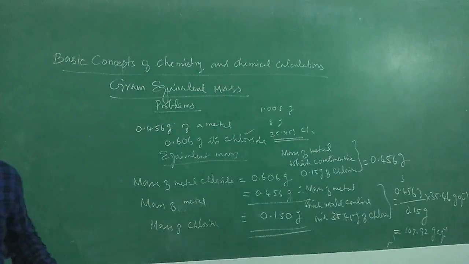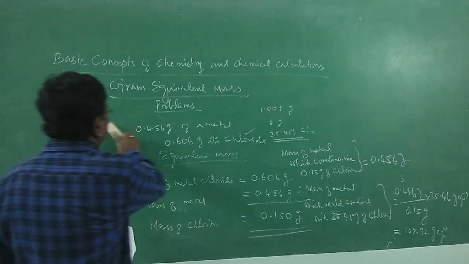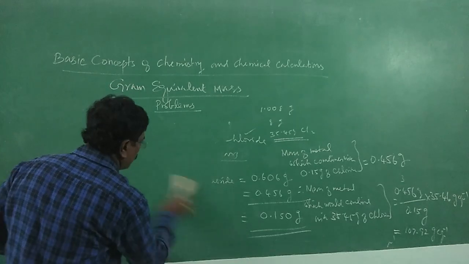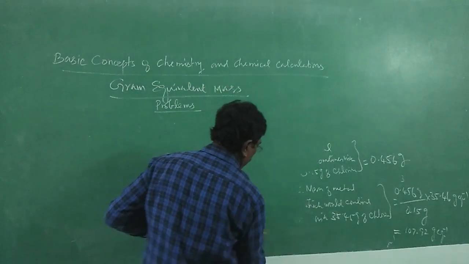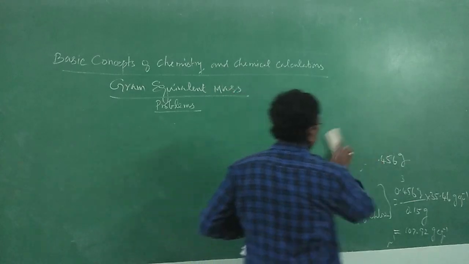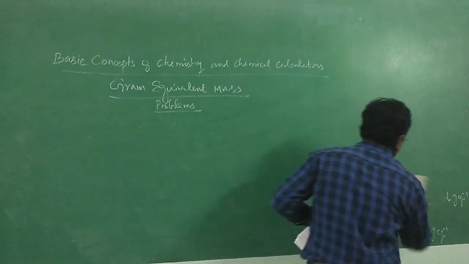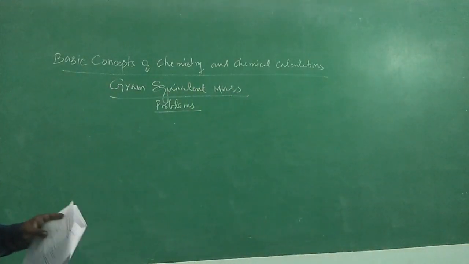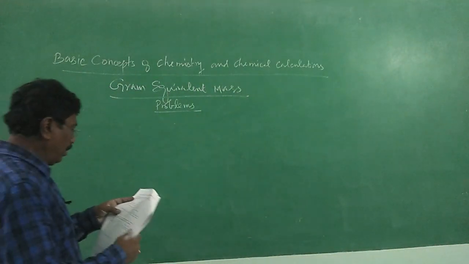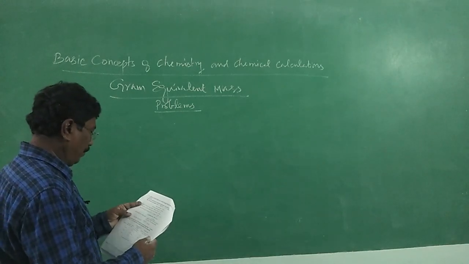Second sum, let me go into the second sum in Evaluate yourself. As I am moving as per your Plus One chemistry book, all the extra things we'll be doing at the end of this chapter.